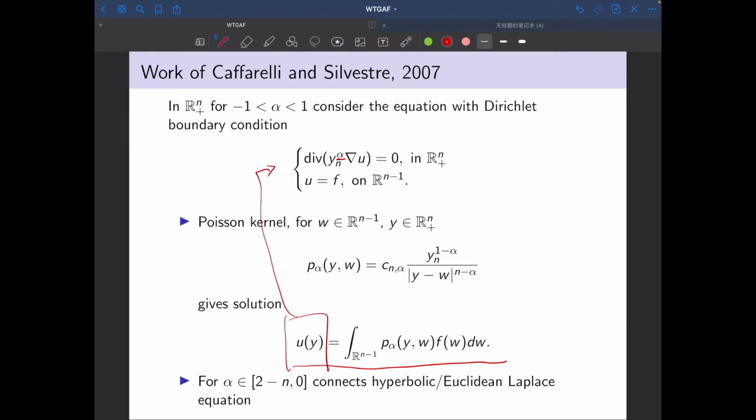In particular, the Poisson kernel actually works for alpha between 2 minus n and 1. In the case when alpha is between 2 minus n and 0, you can think of it as connecting the hyperbolic and Euclidean Laplace equations.